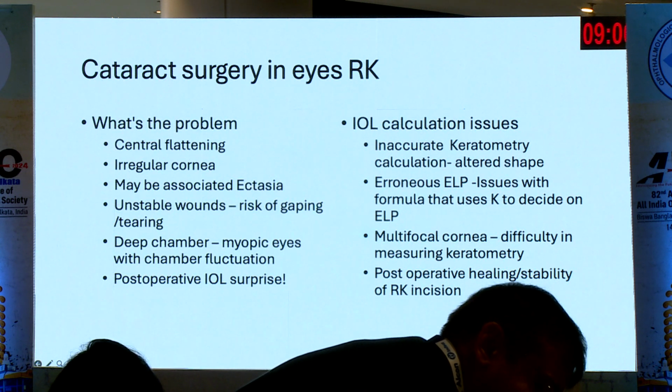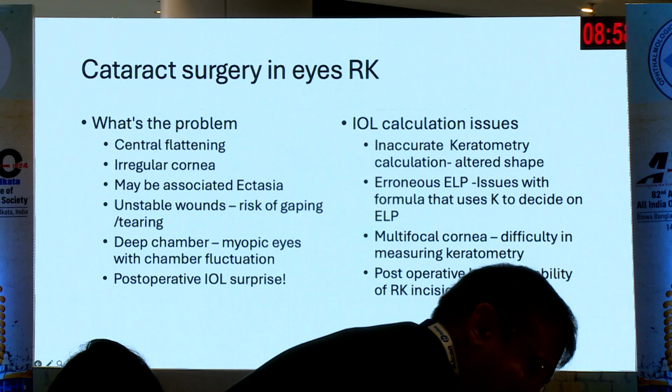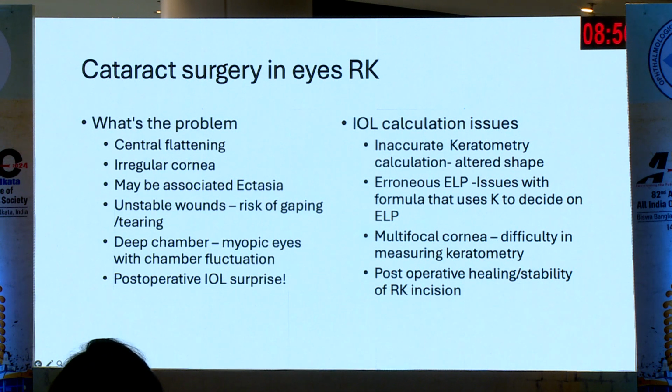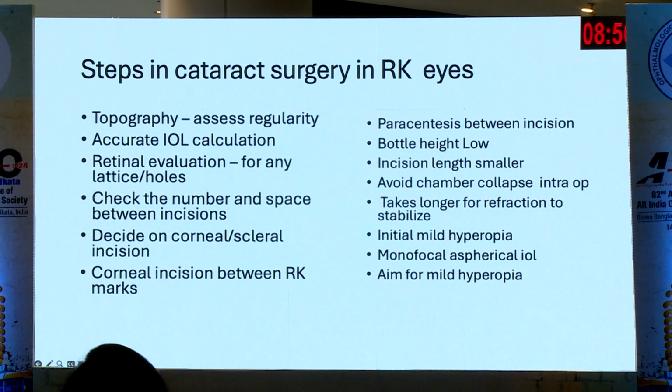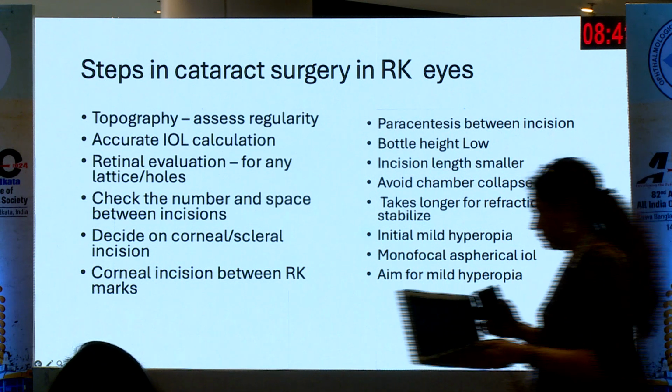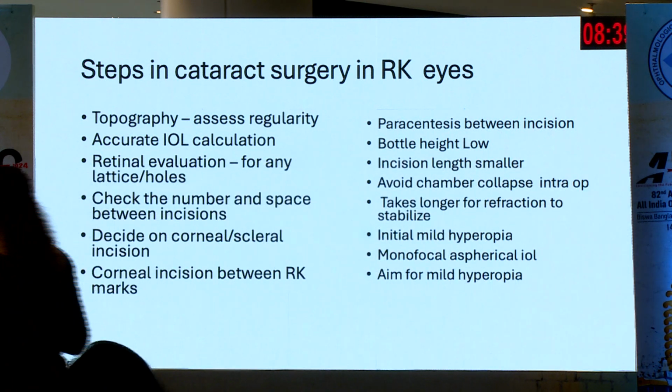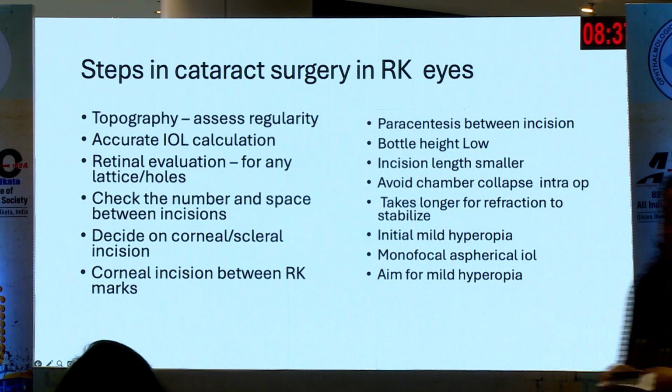And post-operatively, there is a bit of edema of the incisions, so it takes a little longer for your refraction to stabilize, unlike a regular cataract surgery. When you're planning a cataract surgery in an RK eye, the first and most important step is to look at the topography. It's okay to put the values in the ACRS calculator, but the most important thing is you need to know how accurate your values are going to be.